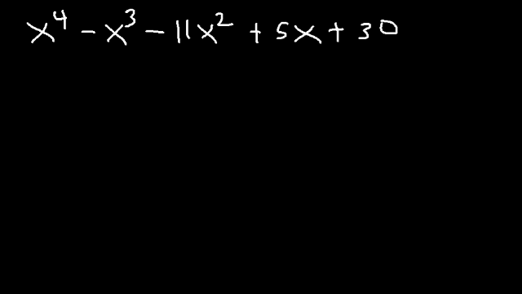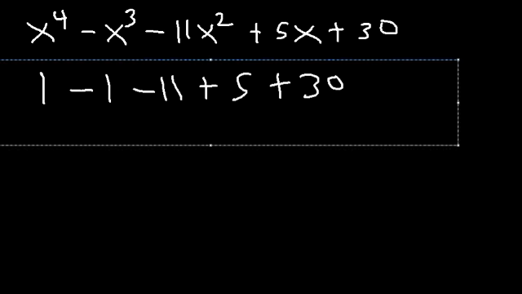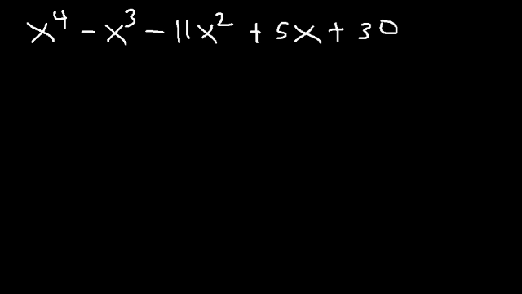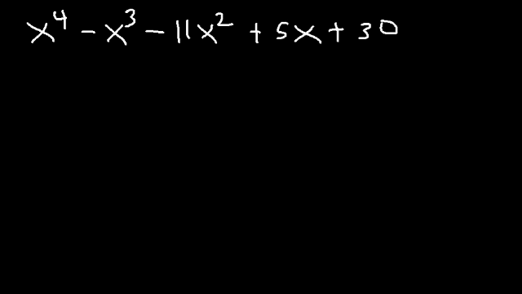So let's start with 1. So this is going to be 1 minus 1 minus 11 plus 5 plus 30. Just by looking at this, you can see that this is not going to work. If we chose negative 1, this is going to be 1 plus 1 minus 11 minus 5 plus 30. There's no way that's going to add up to 0. So let's move on to 2.